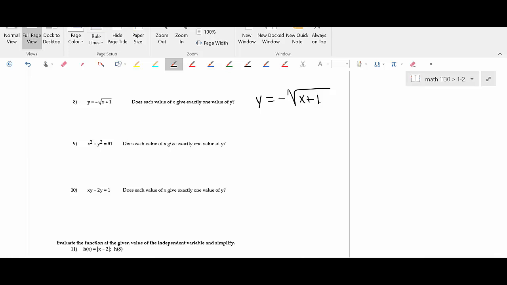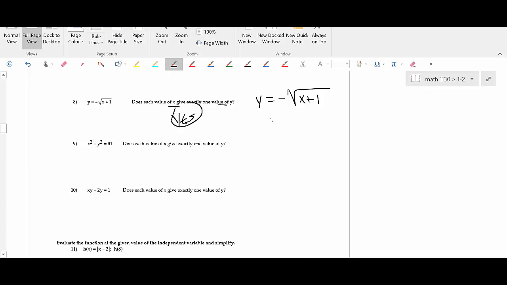So if x was 0, you would have negative square root of 1. One answer. Right? If x was 2, one answer. Right? So that is a function. Okay? That negative in front of that radical doesn't make any difference. So it's basically, does every x give one y? Yes, it does. So that's a function. Okay, does that make sense?